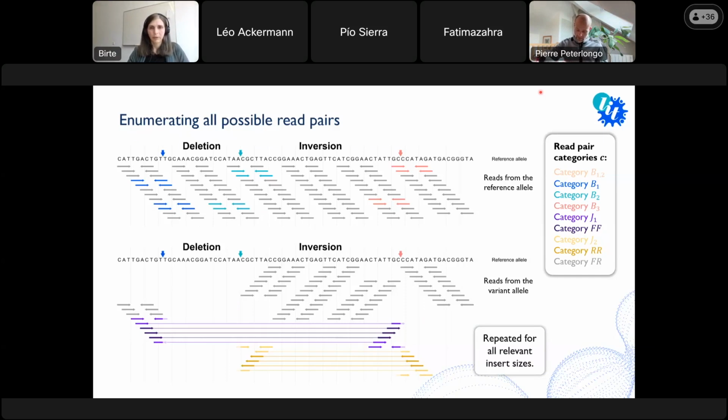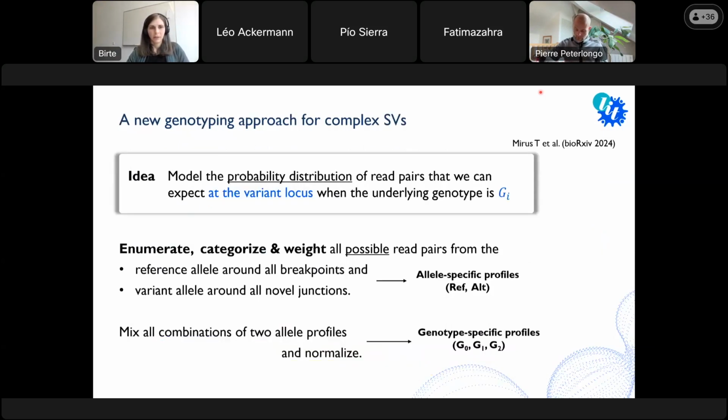So now read pairs that have different insert sizes are not equally likely to occur in a sequenced genome, because in the sequencing process there's a fragment size selection process that selects DNA fragments that follow some sort of length distribution, the insert size distribution I've shown you before.